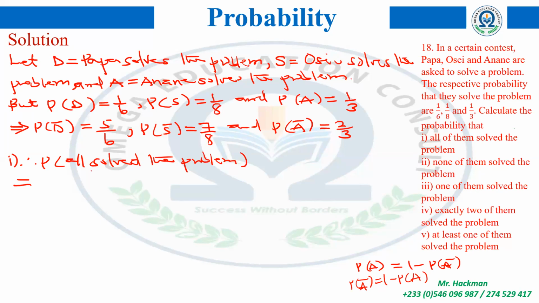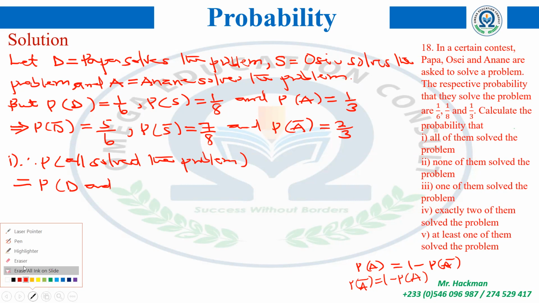So I'm going to get this P. Papa solving the problem is D, and let me use intersection instead. In the video, you were advised that going forward you can use intersection. So you go and watch the video and you appreciate why. In normal circumstances, as I've told you, intersection and "and" can be used interchangeably in probability.